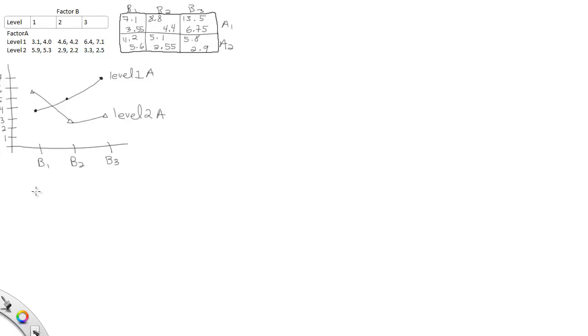Now once I have that done, my next step is to actually run a standard ANOVA CRD experiment, but I have to treat this as if it's all just a treatment. So I'll pretend like there are A times B treatments, in other words 1, 2, 3, 4, 5, 6 treatments using these individual cells, where we have these replications.